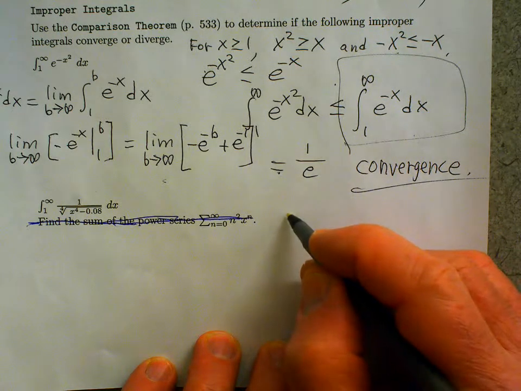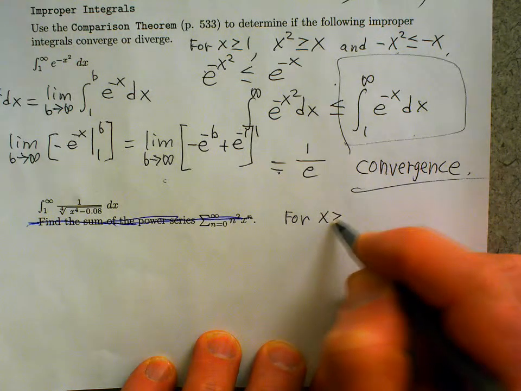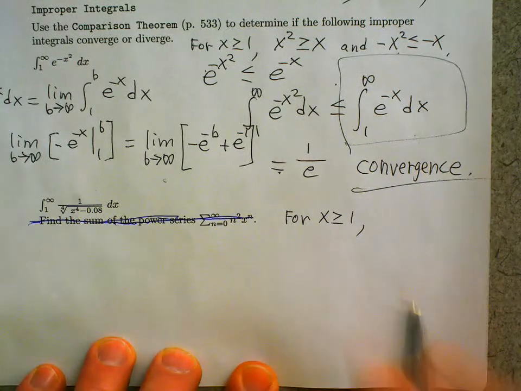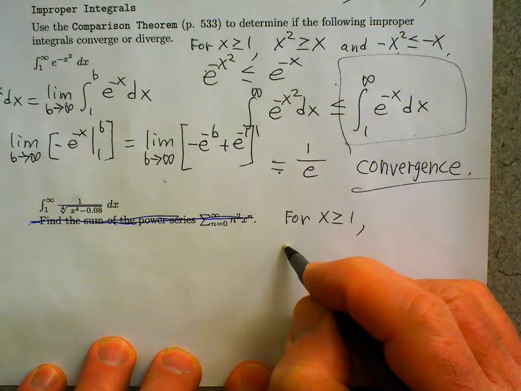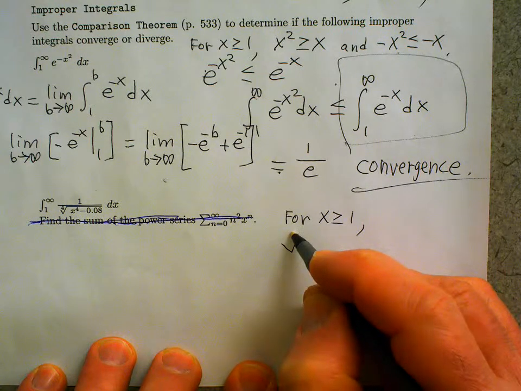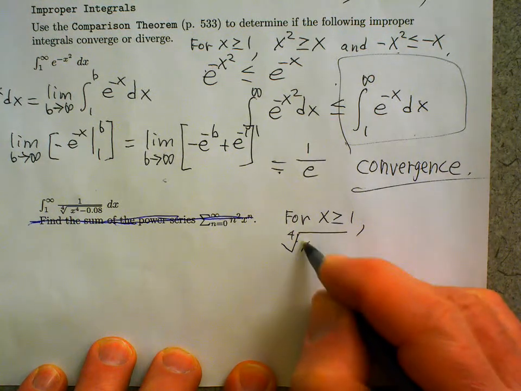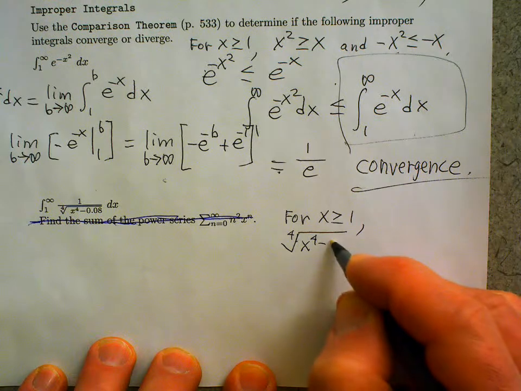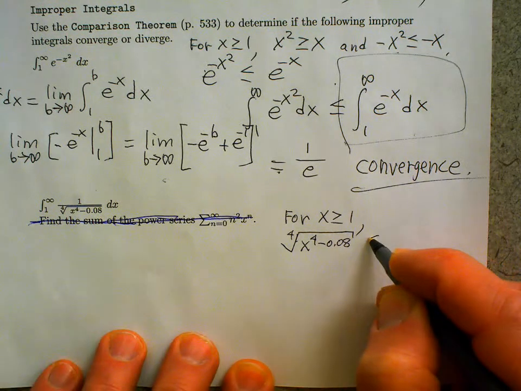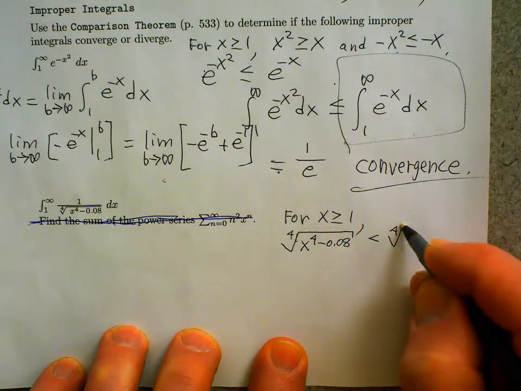Okay, so we'll do a little bit of preliminary work for x greater than or equal to 1. The 4th root of x to the 4th minus 0.08 is less than the 4th root of x to the 4th.